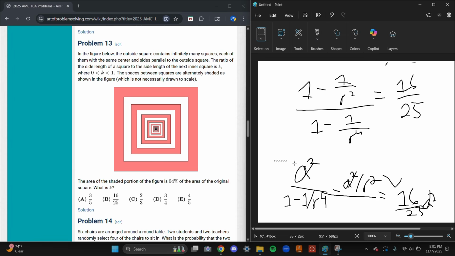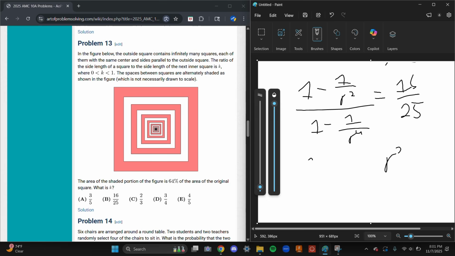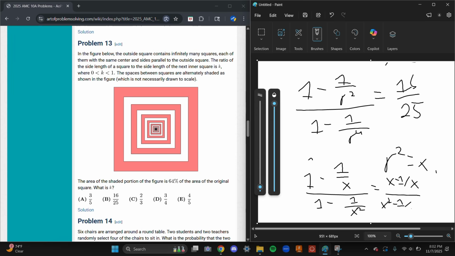So let's let r squared equal x. Then we get 1 minus 1 over x, over 1 minus 1 over x squared. Right, this is going to be equal to x minus 1 over x, over x squared minus 1 over x squared. Multiply both the numerator and denominator by x squared to get x squared minus x on the top.